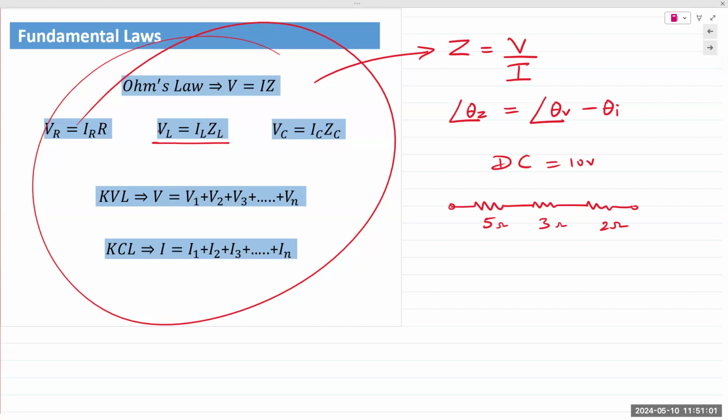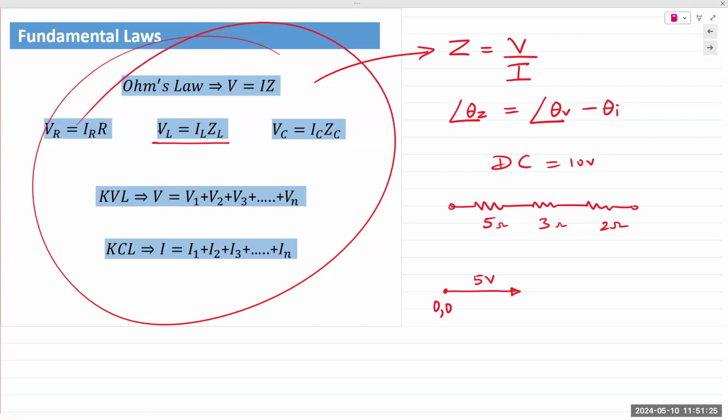They would not have any phase angle, so they would be lying flat on the x-axis. So let's plot them. We want KVL, right? So they should sum up to 10.